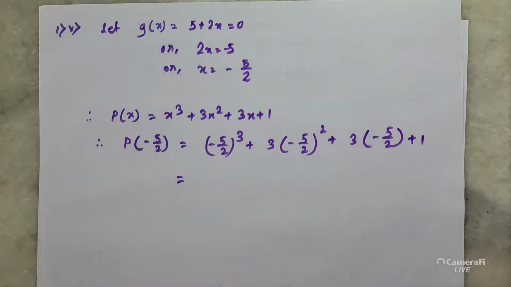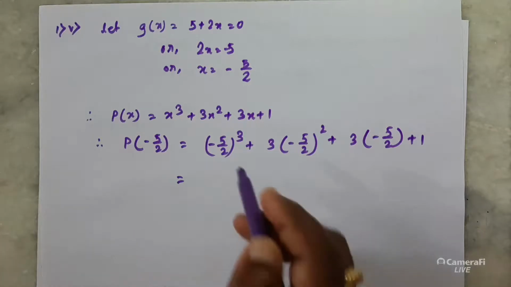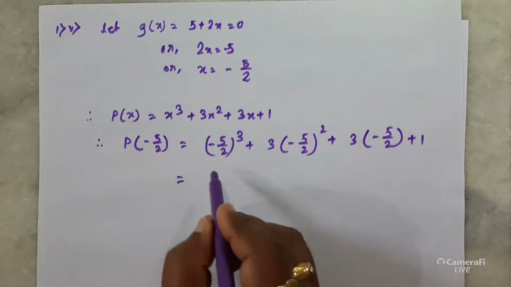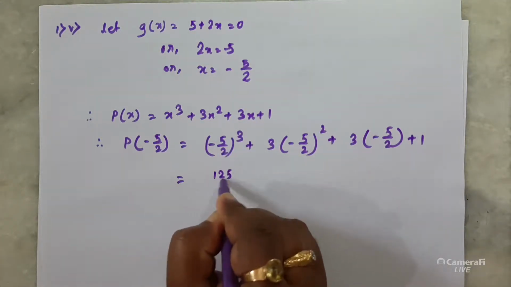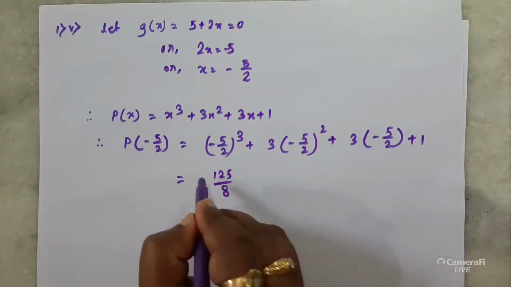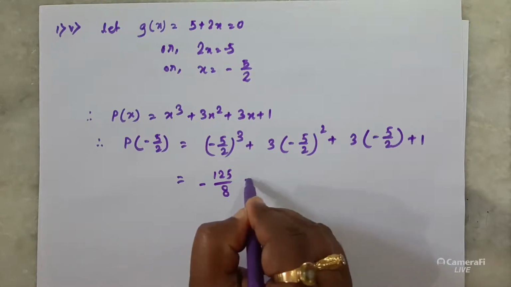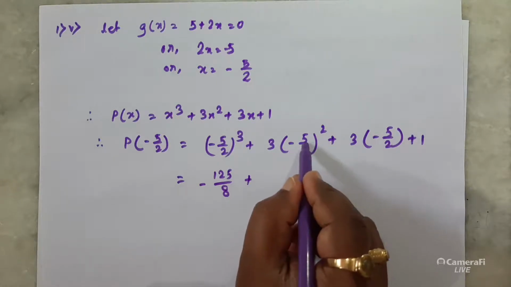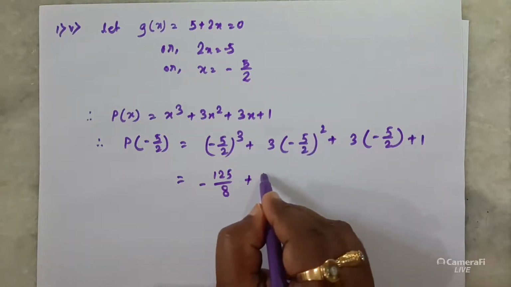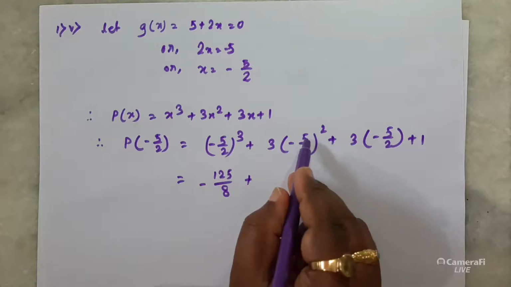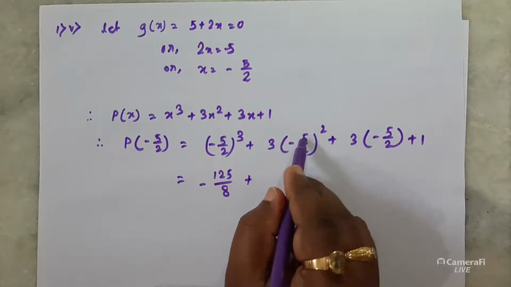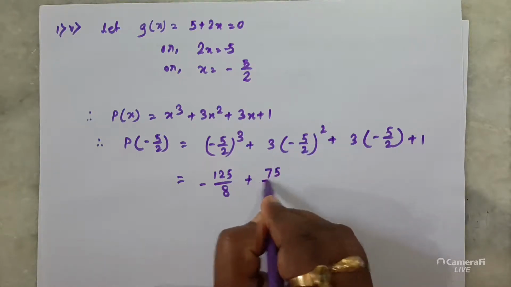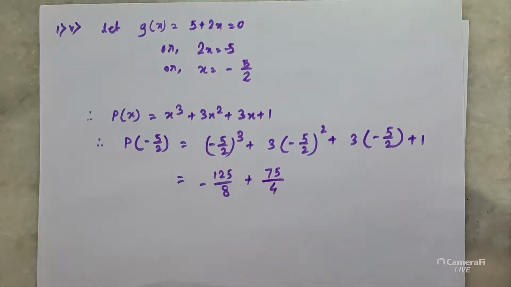Minus 5 by 2 whole cube means 5 cube, that is 125, 2 cube means 8, with a minus sign. Whole square means plus. So 5 square means 25, 3 into 25 means 75, 2 square means 4.